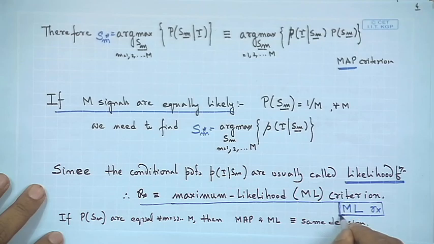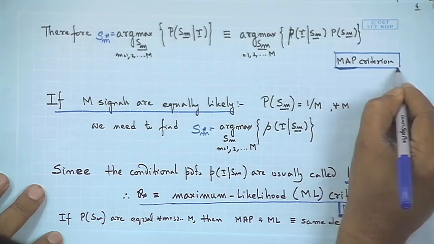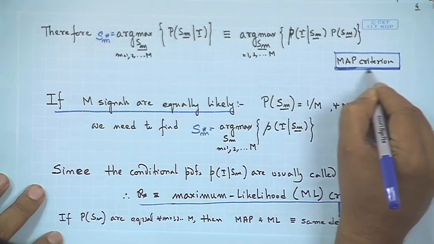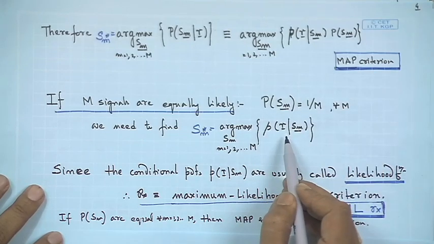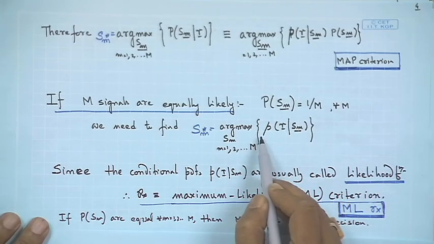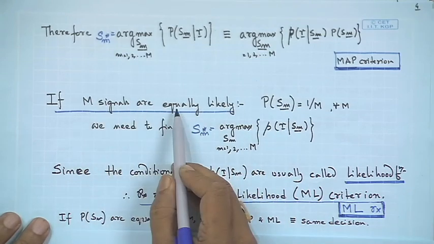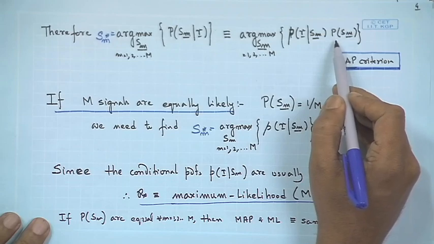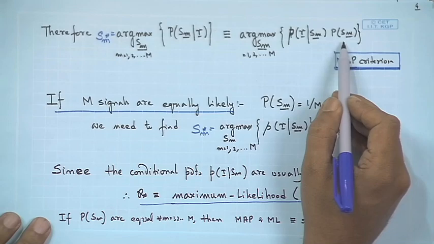Just at this point I would find it pertinent to remind you that there is a MAP criteria which is distinct. We will of course come across this again. The difference between the MAP criteria and the ML is clearly visible over here. In the ML, the maximum likelihood criteria, we have all signals with equal probability and therefore, P of Sm is no longer used, as you can clearly see in this expression, whereas in MAP criteria P of Sm is used.